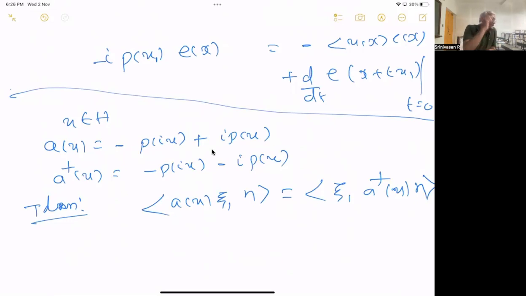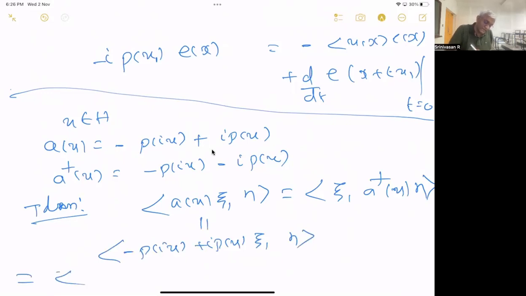What is symmetric? A is contained in A star is what is called symmetry. Self-adjoint means A is equal to A star. For that, you have to work with the domain also. We will go through it, but it's a self-adjoint operator. At least it's a symmetric operator that is used here. Then this is equal to <minus P of iu plus i P of u, xi, eta>.